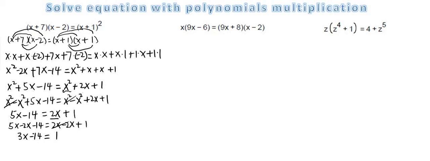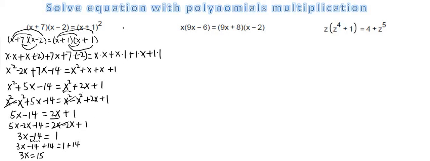And now we're gonna remove the constant on the left hand side. So how to remove it? Subtract 14 for both sides. And we're gonna have 3x equals 15.